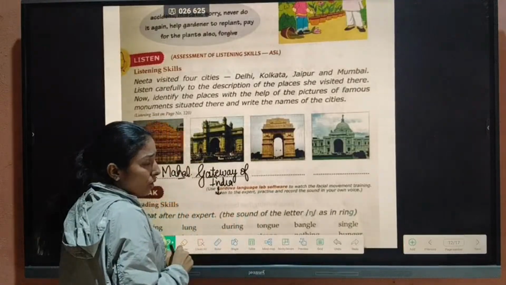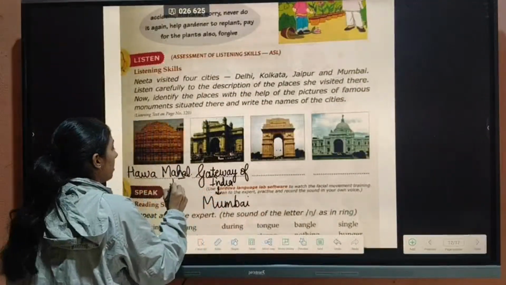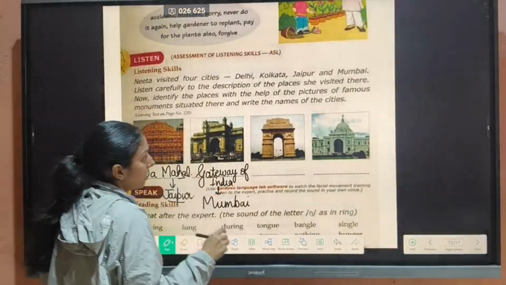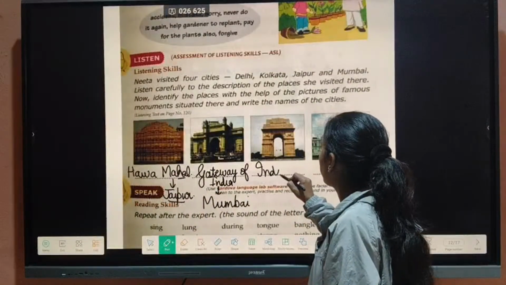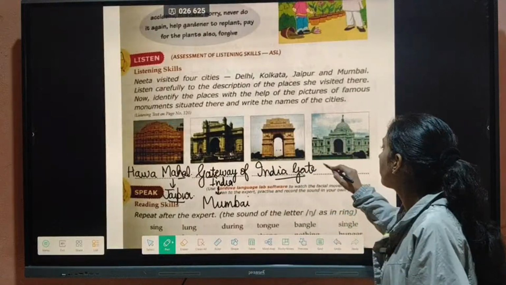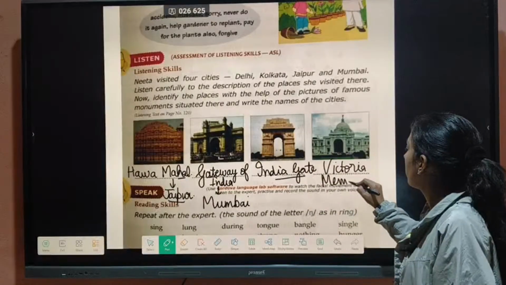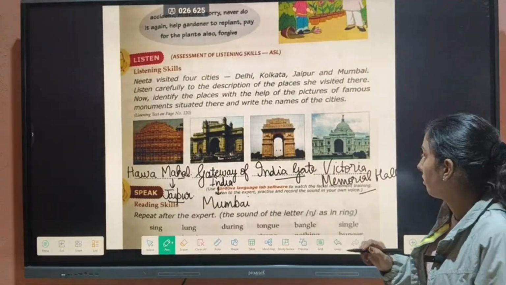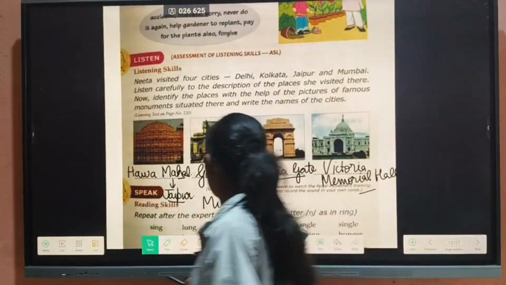Gateway of India is situated in Mumbai. Just you have to write the names of monuments, not the cities. Okay, this is India Gate in Delhi, and this is Victoria Memorial Hall in Kolkata. Clear? Okay, so we are done with this exercise as well.